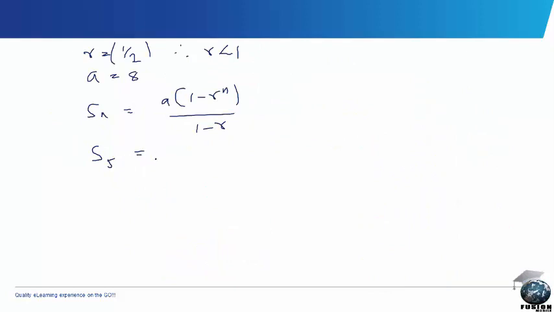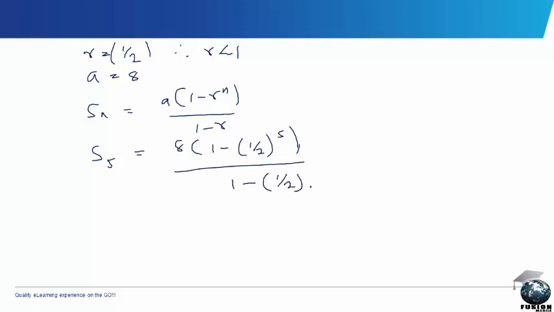The sequence has 5 terms, and so we are finding S5, which is equal to a, the first term, 8, times 1 minus r, where r is 1 over 2, raised to the power n, which is 5, divided by 1 minus r, where r is 1 over 2.